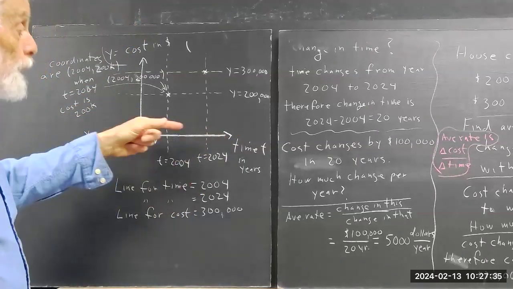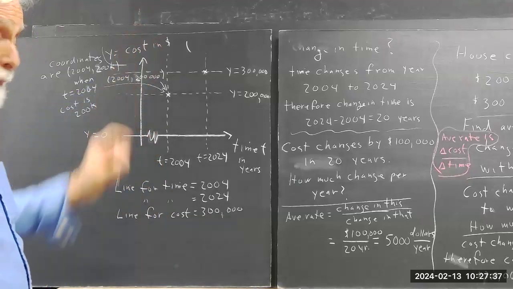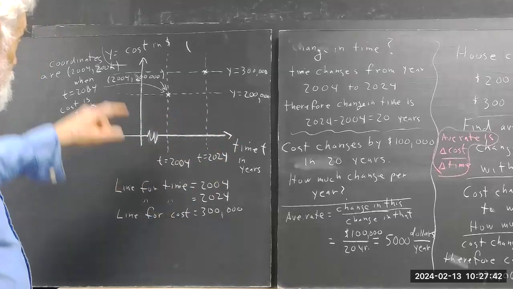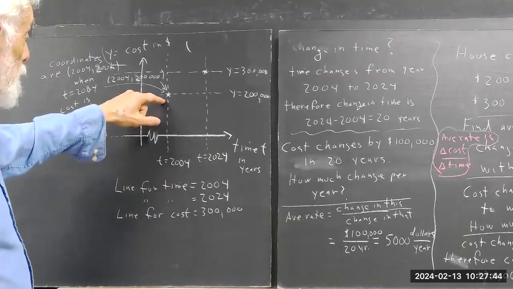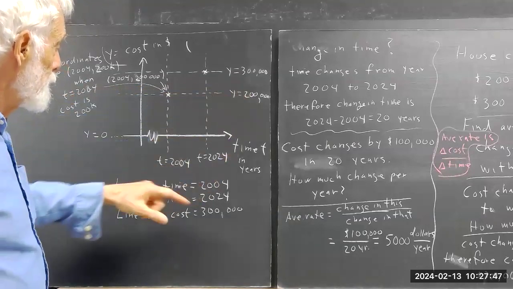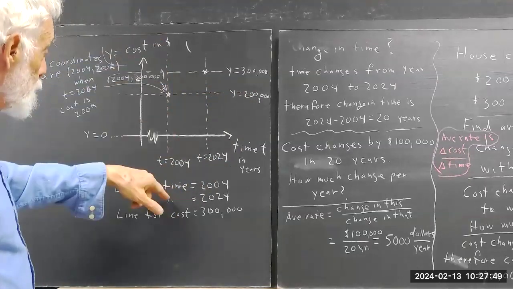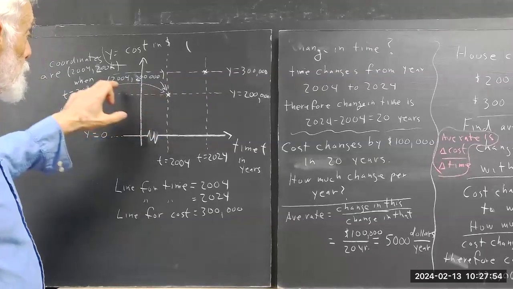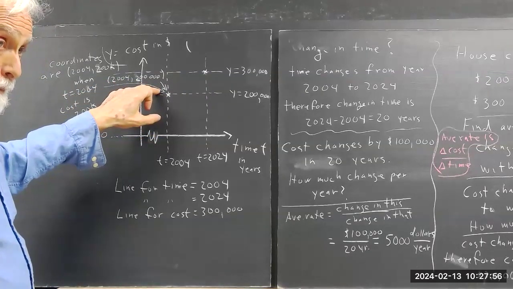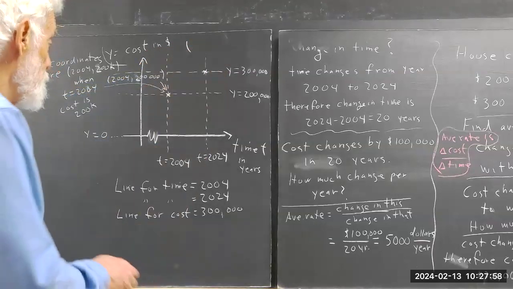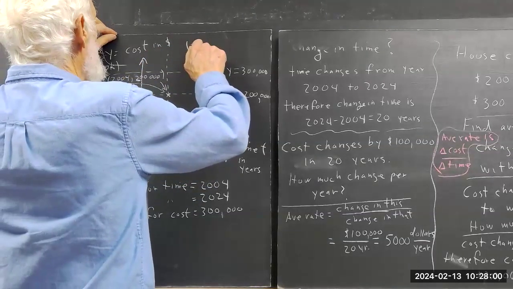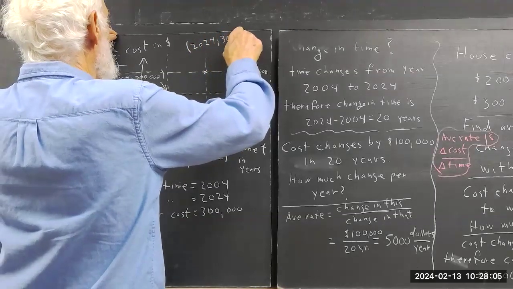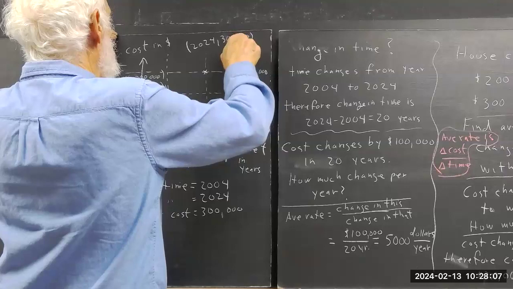This one goes first, that's your independent variable, and then this one, which is your dependent variable. So this has coordinates 2004, 200,000. So what are the coordinates here? They're 2024, $300,000.